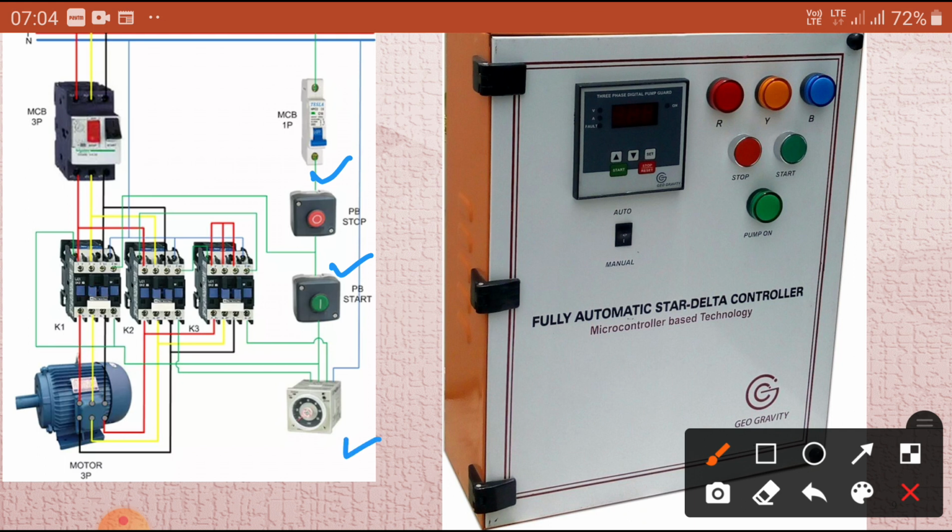After 5 seconds or 10 seconds it connects to our coils. This is the star connected arrangement, then the delta connected arrangement, this is the overall protection, and here we can also use the overload MCB 3 phase, and from this it is given to our motor terminals.